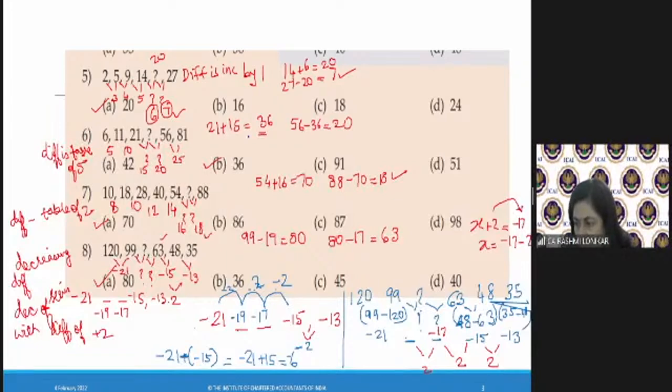So minus 17 minus 2 is minus 19. So this is minus 19. So that what should be the number? This number. So 99 plus minus 19 is how much? 99 minus 19 is how much? This is 80. Okay. So this is how you get this answer.